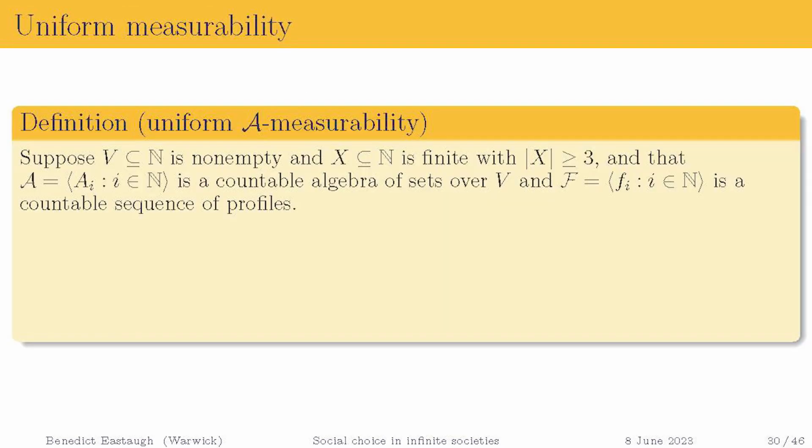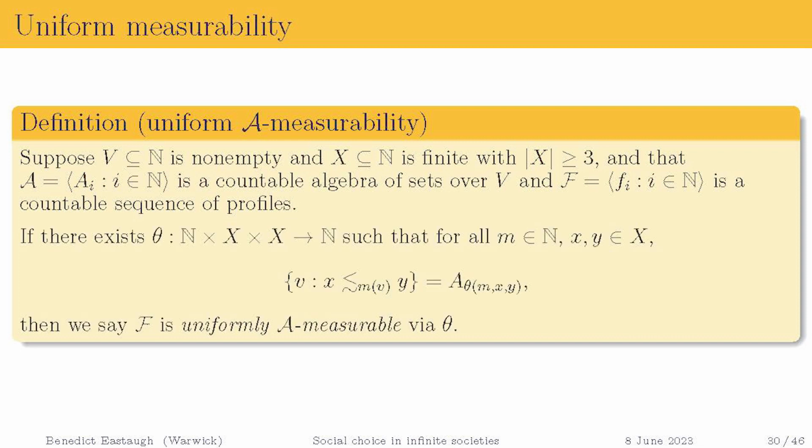So here's the definition. Suppose we've got a non-empty set of voters and a finite set of alternatives, a countable algebra of sets, and a countable sequence of profiles. Then we say that F is uniformly A measurable via theta if theta is a function from indexes of profiles, so that every profile, coded in a sequence, has an index. Think of it as the name of the profile.